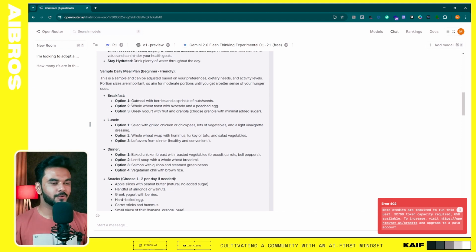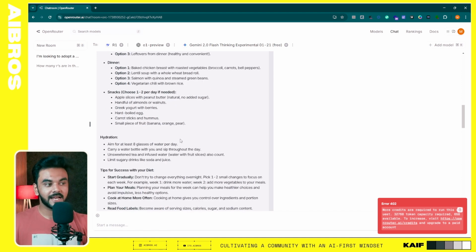Sample diet. It gave, like, usually these diets are not that efficient until you define who you are, what region are you from, what is your age, what is your occupation, is it sedentary, or are you having a healthy lifestyle. So the diet depends on that as well. So it just gave a general diet plan.